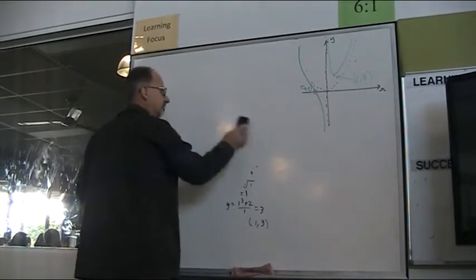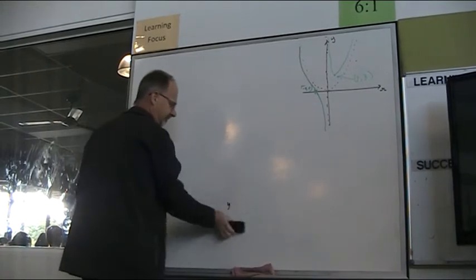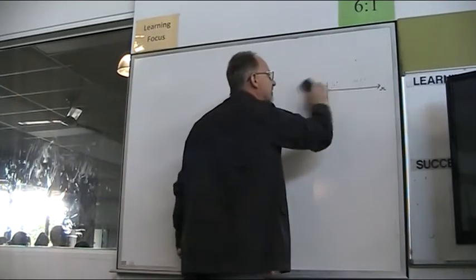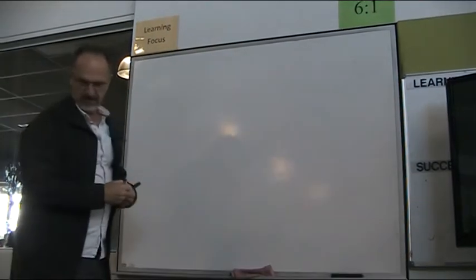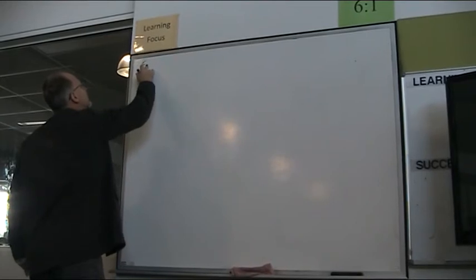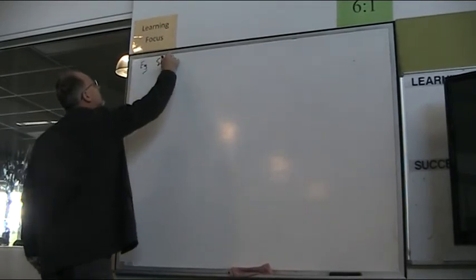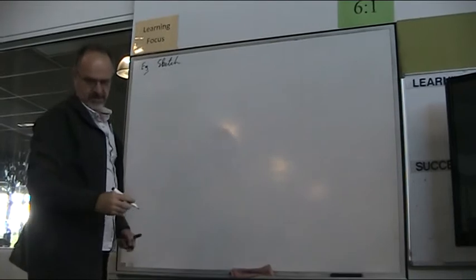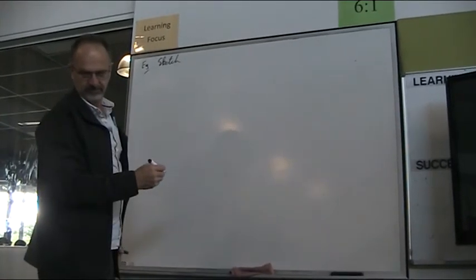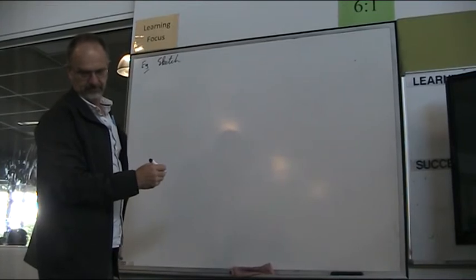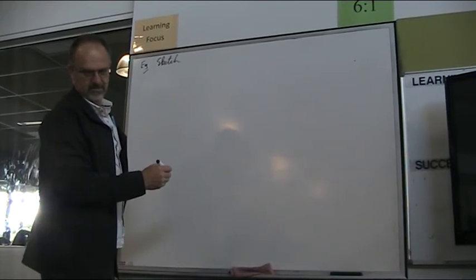So the next one is going to have two vertical asymptotes. If we've got this, for example, we're going to sketch the function.